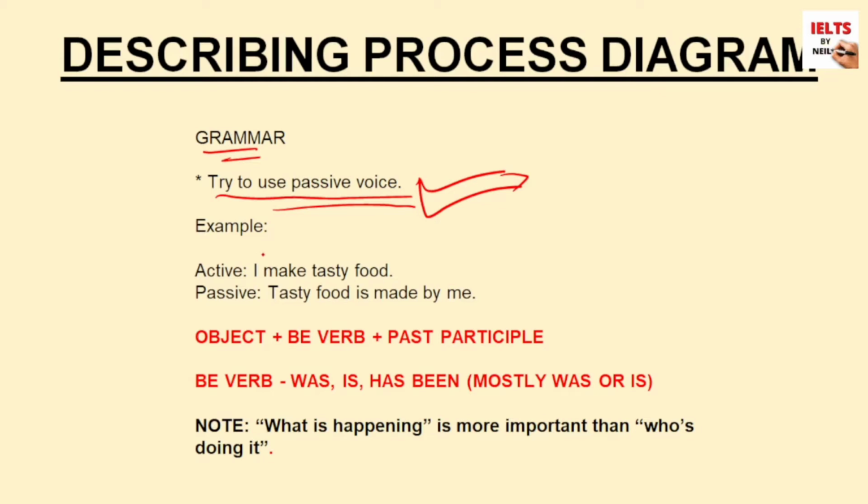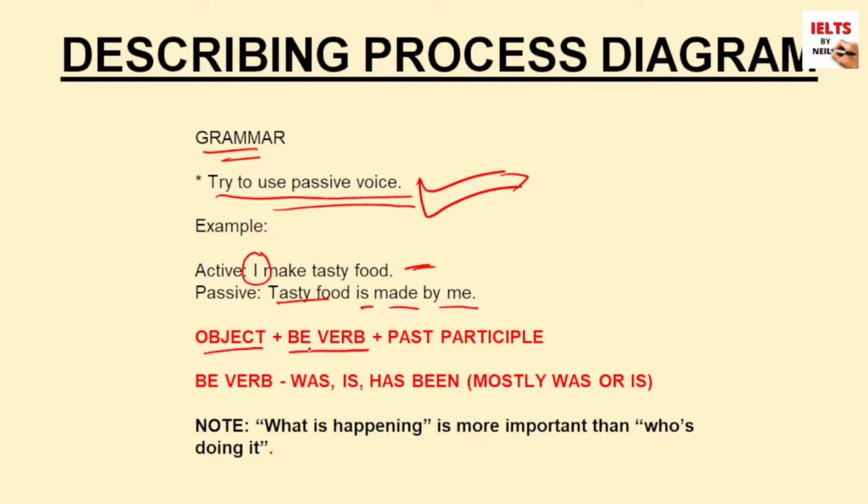For example, I say I make tasty food. That is an active statement, like I am making tasty food. Now how do we convert it into passive? Tasty food is made by me. In passive, I is not important, and this is the formula for the passive voice: object, be verb.